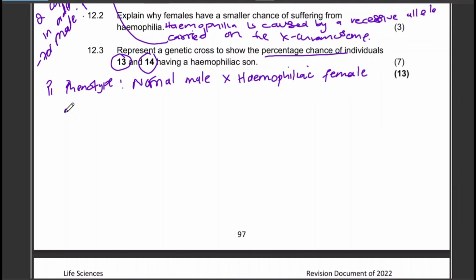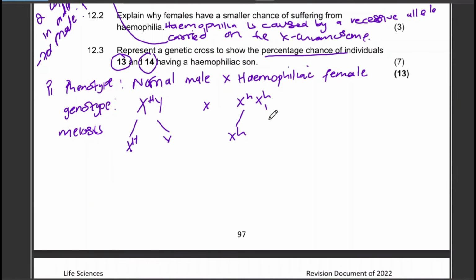Then the genotype. We already figured the genotype. So normal male will be X capital letter H, Y. Then hemophiliac female, X small letter h, X small letter h. Then meiosis will take place: X capital letter H, Y; X small letter h, X small letter h. And these are gametes. Then we have fertilization.